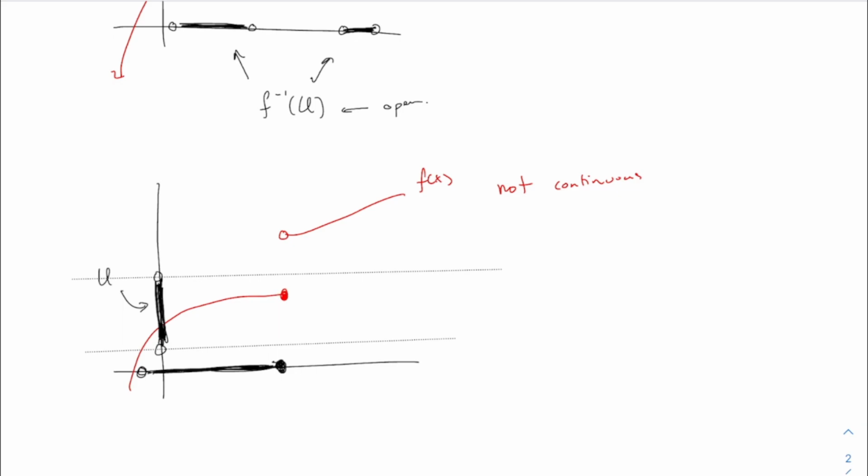And so when I look for all the x values which end up in this band here, it goes up and includes this point, but doesn't have any more nearby. All right. So in this case, I have U is an open set, but here F inverse of U is not open. And that's because it's not continuous. All right. So this is what the picture looks like when it's not continuous.